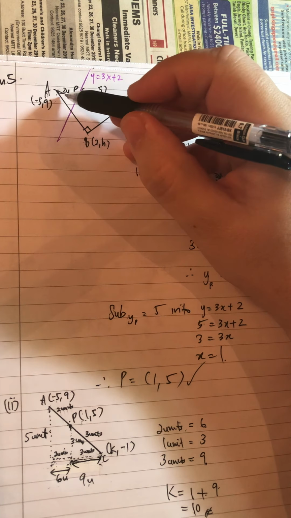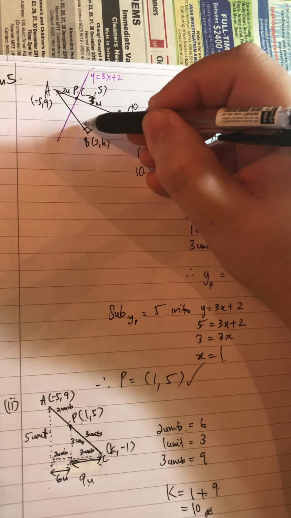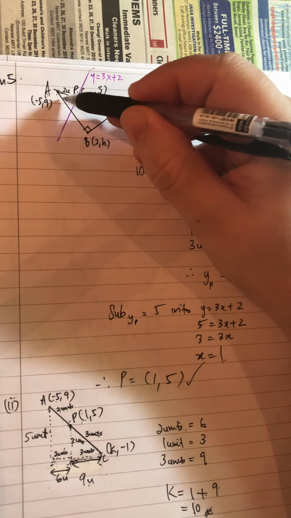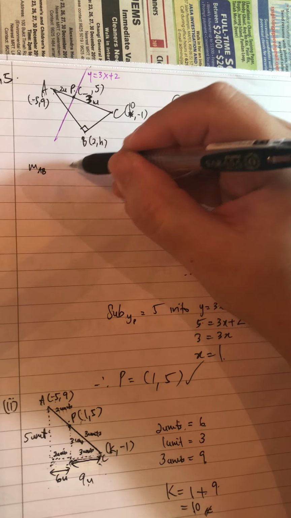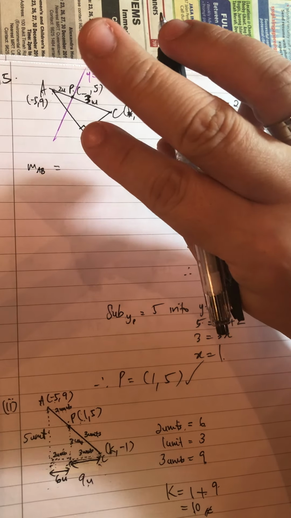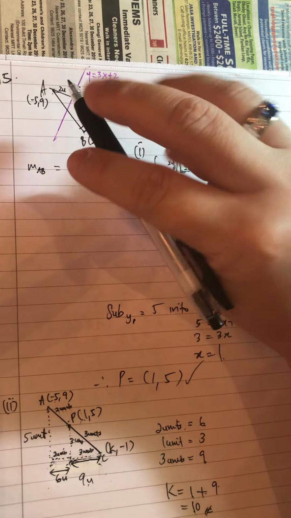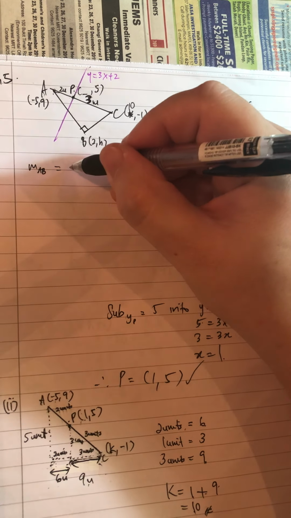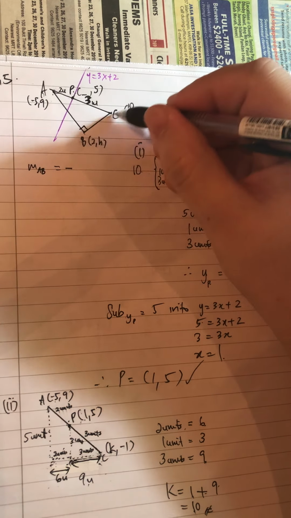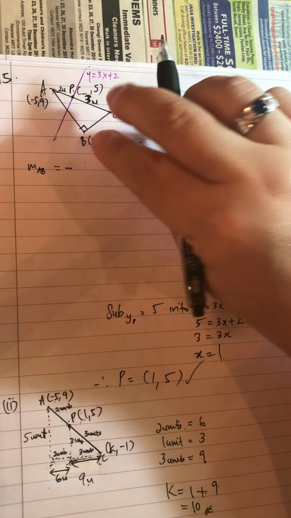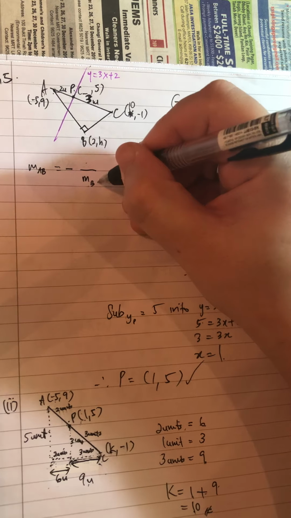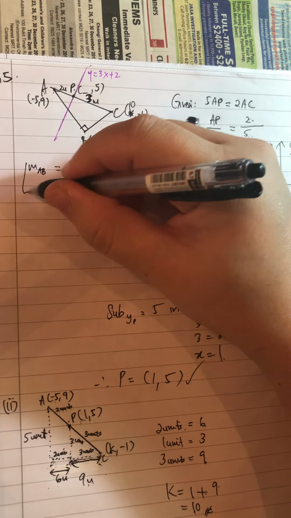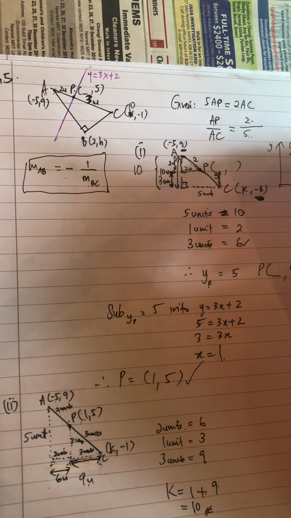Now you learn in A Maths that if two lines are at right angles to each other, then this gradient AB is the negative reciprocal of this, meaning you put a minus here, you change the sign of this, and then you flip the gradient of this. So this is the thing that we're going to use in this question.